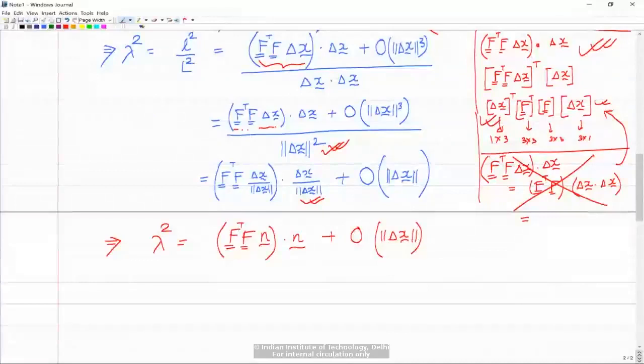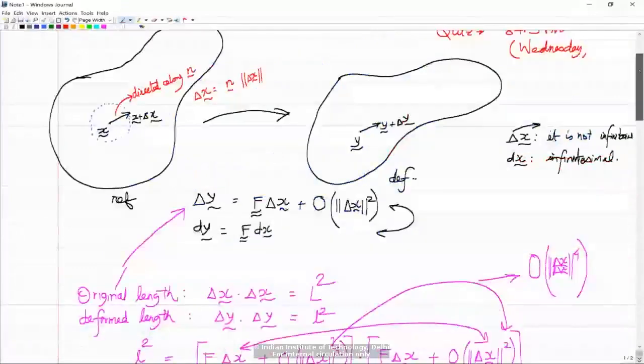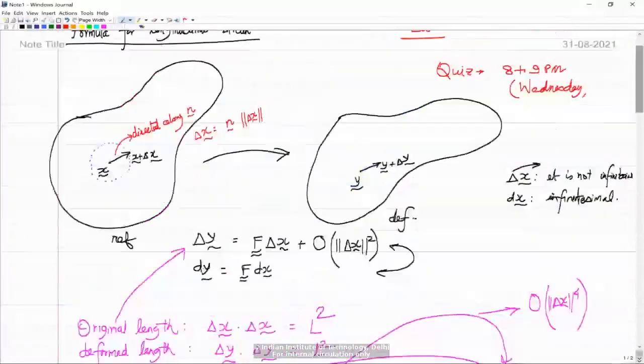This formula is telling us the stretch square of a line element at X and directed along N.